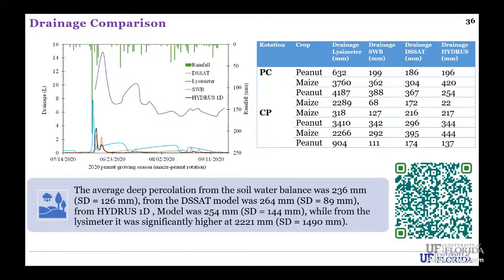Look at the numbers from soil water balance, DSSAT, HYDRUS, and there is SWAT as well. I forgot to add that. But look at these numbers. Are comparable, right? But are they comparable with this? No, not at all. So that's why we started using other models to make sure whether our predictions are right or not.